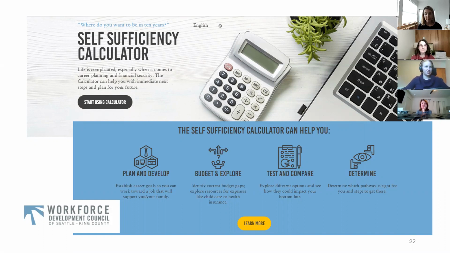I also see a question in the chat that I'm not quite sure is clear, but I'll read it. What does that mean for the cost of public support to our economy? And it may be related to the earlier question around so few occupations reaching self-sufficiency.